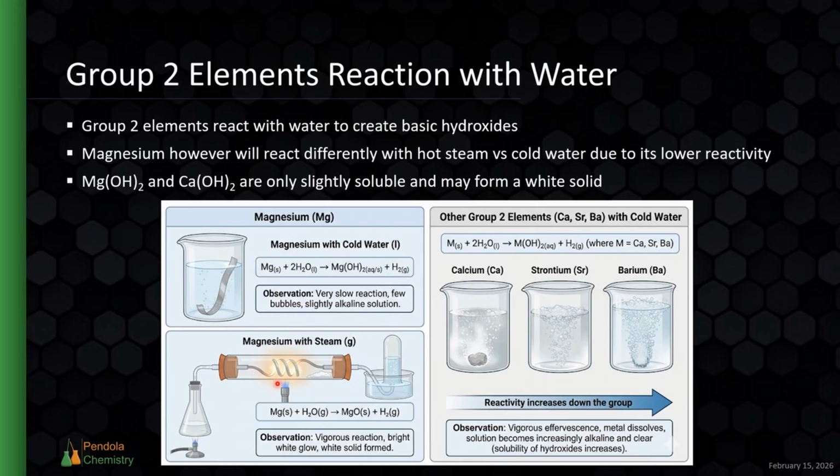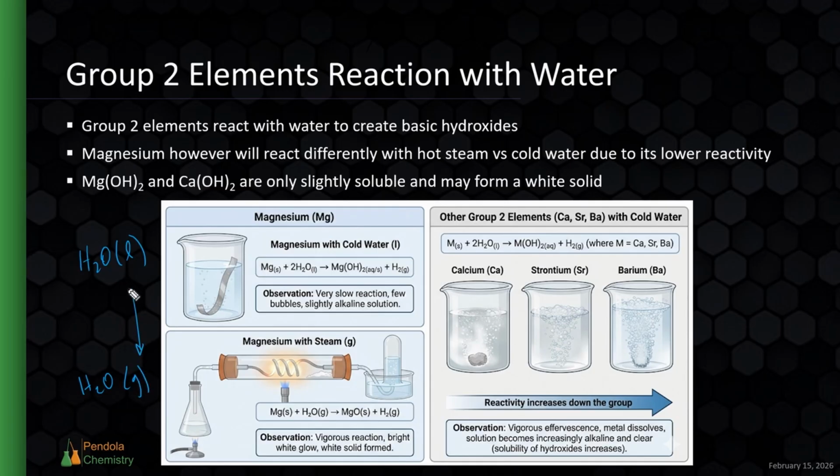But because magnesium is less reactive than them, it undergoes a different reaction with steam than it does with cold water. This is a perfect example of why conditions are important. Even though both of these have the exact same reactant, which is H2O, it reacts differently with liquid water versus gaseous water.